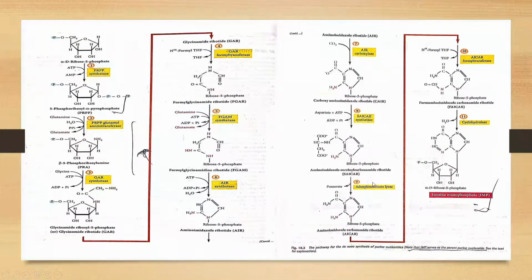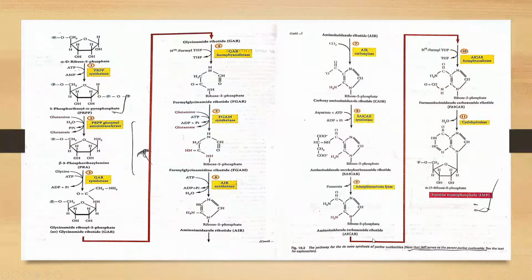The enzyme adenylosuccinate lyase clips this amino imidazole succinyl carboxamide ribotide to form fumarate, leaving behind the amino group of aspartate in the purine ring.